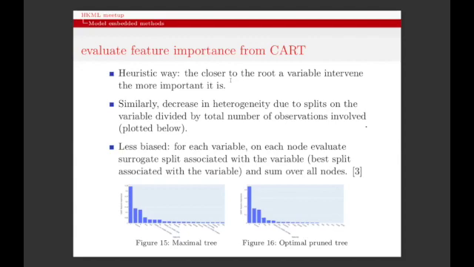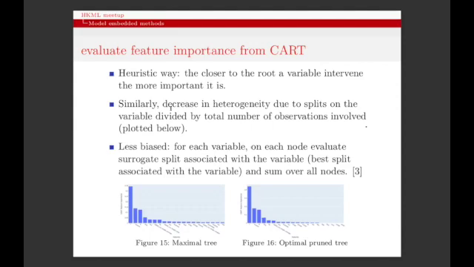So the fact that a variable intervenes among the first shows that it had the greatest reduction of error for the first node. So this shows that the variable was more important than the others.